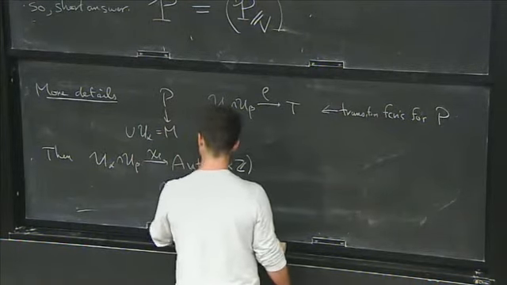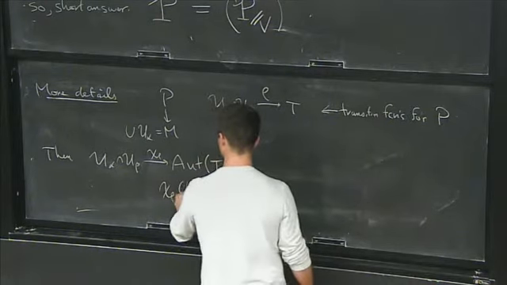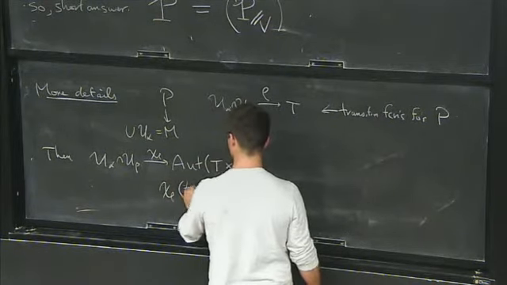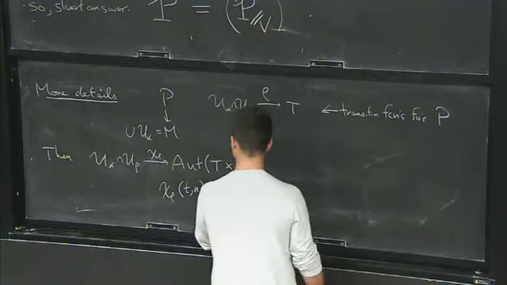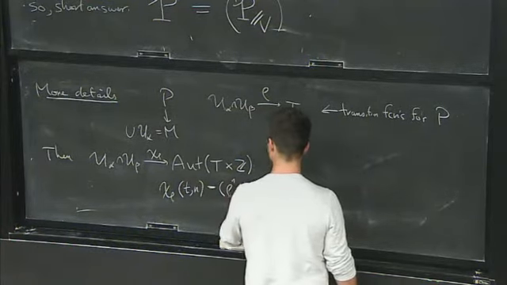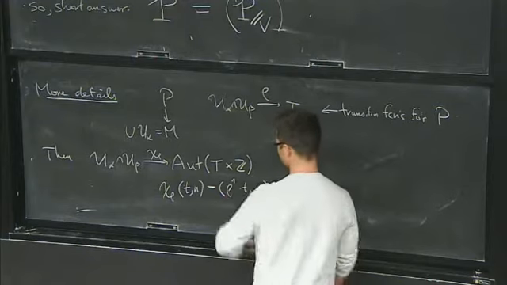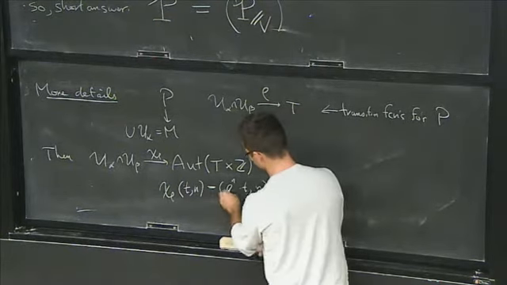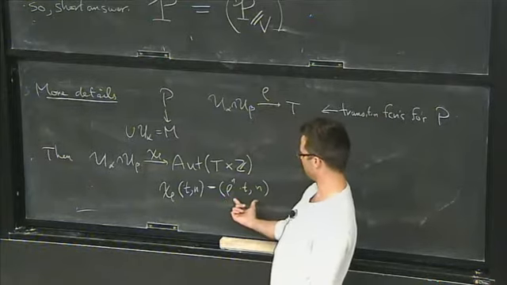Chi sub rho applied to a point T, comma N is going to be rho to the N times T, comma N.